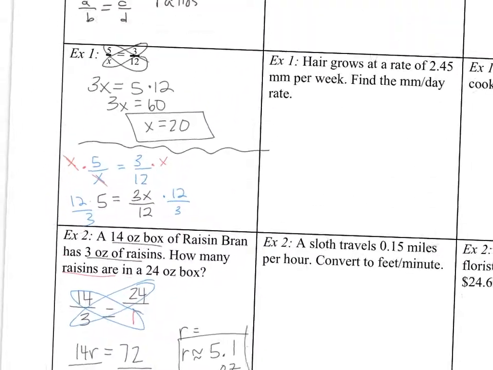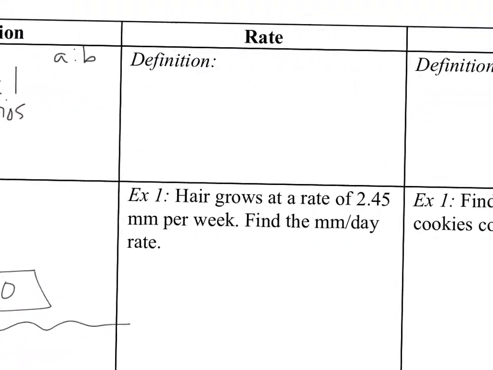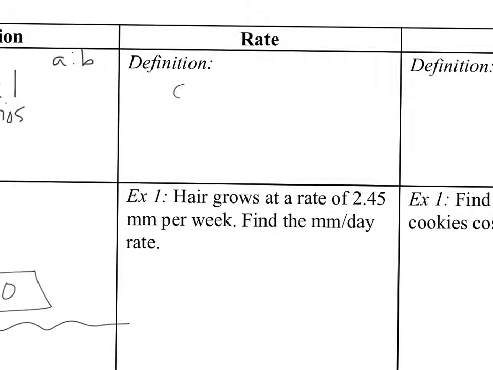So the proportion is two ratios that are equal. A rate is comparing two different units.